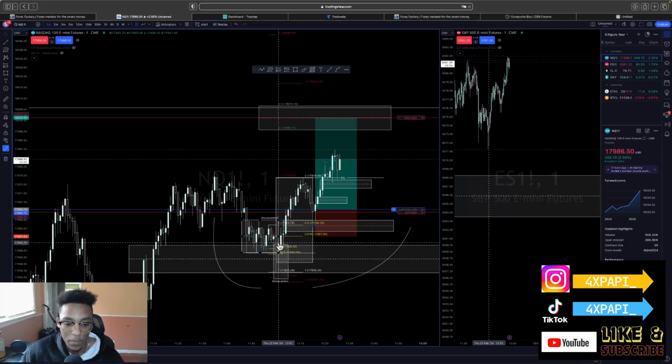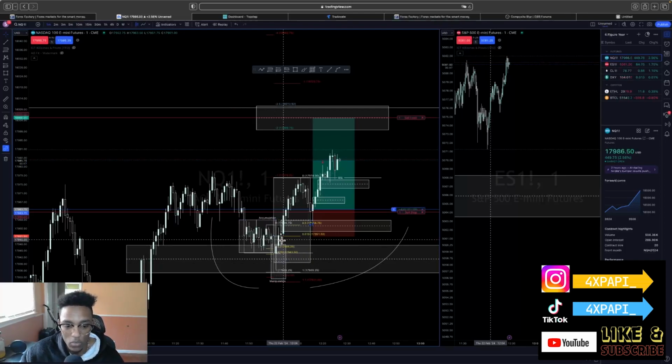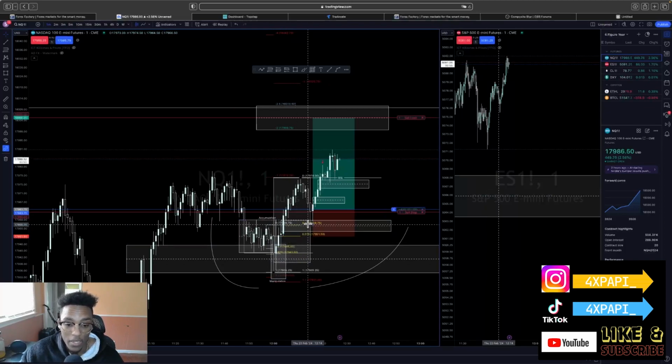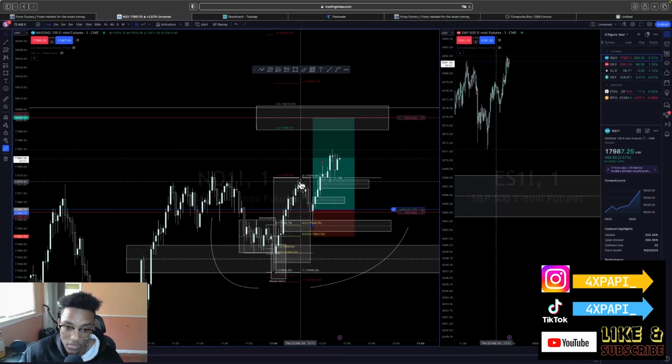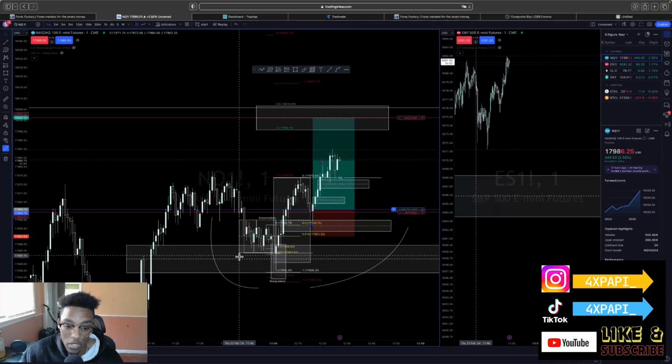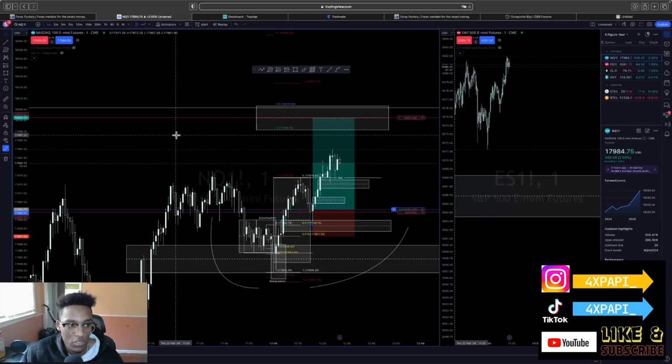So people that went long here put their stop losses right here, and then they got taken out. Oh, man, that sucks. Manipulation. But what we do is we wait for that, and we wait for price to show us that it wants to go in that direction. We wait for a retrace, or if there's bullish SMT right here after the first displacement candle, I'm in the trade because I have a general idea of where price wants to go.